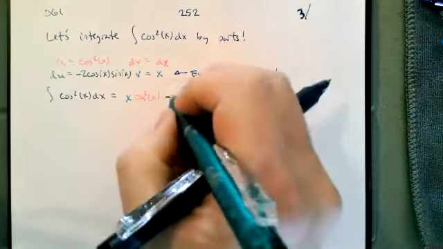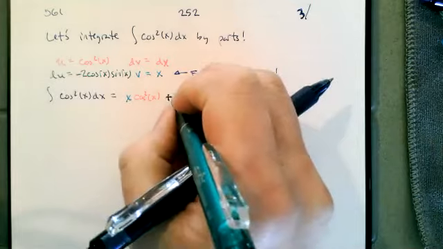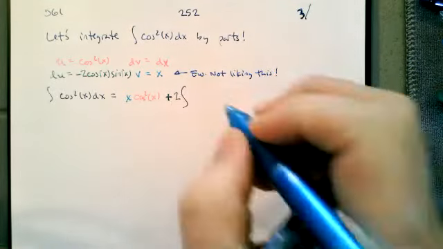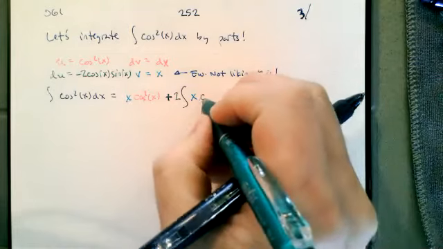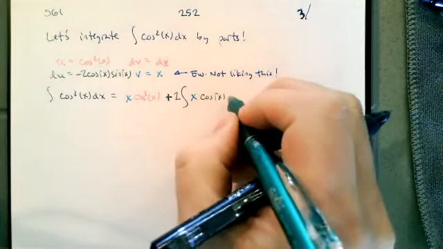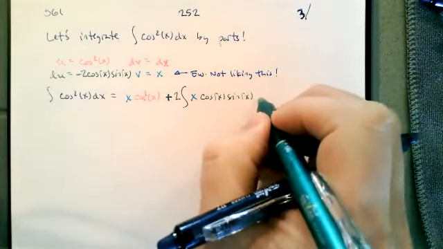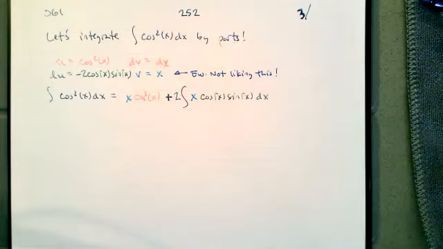I'm going to factor out a -2. And what I have left is x times cosine x sine x.